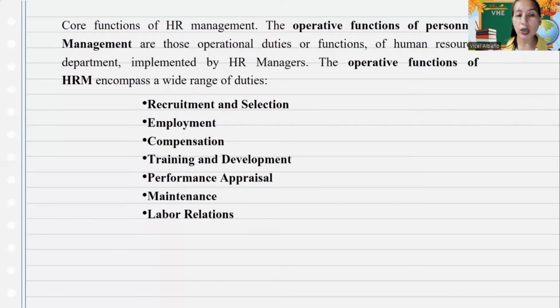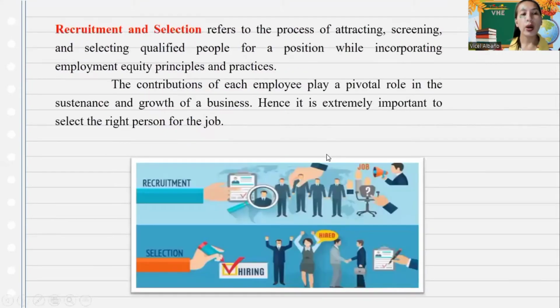Third, compensation. Fourth, training and development, performance and appraisal, maintenance, and labor relations. Recruitment and selection refers to the process of attracting, screening, and selecting qualified people for a position while incorporating employment and equity principles and practices.